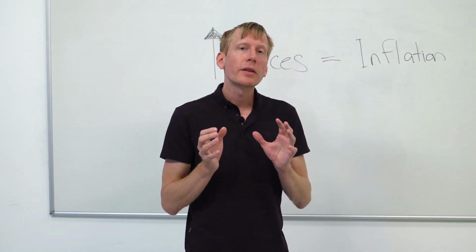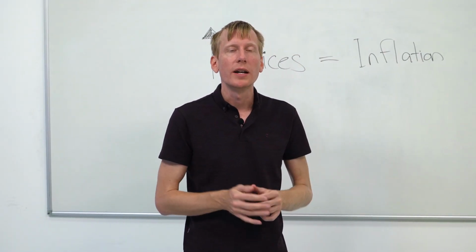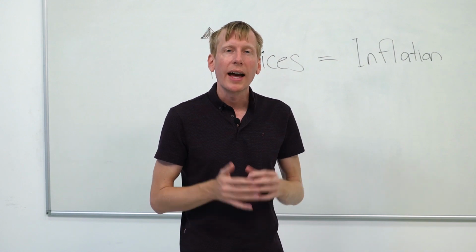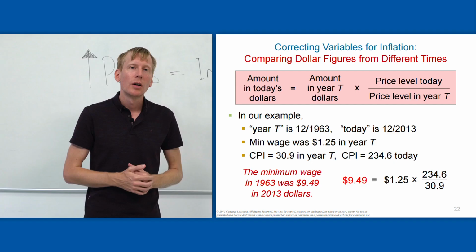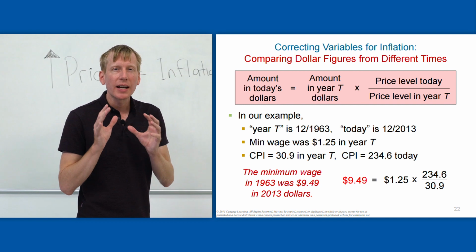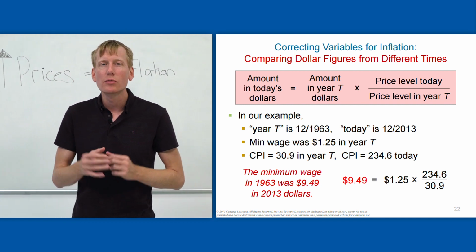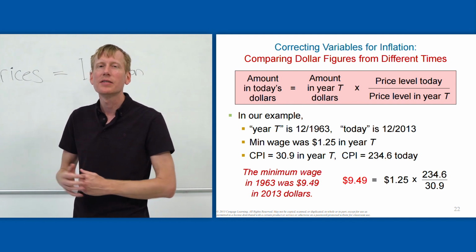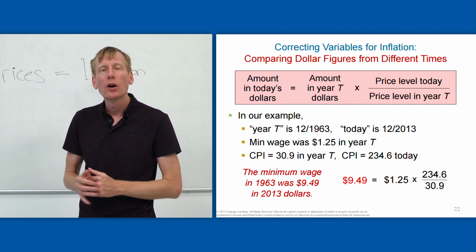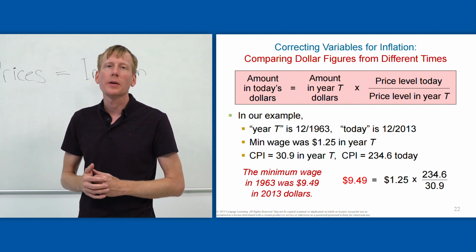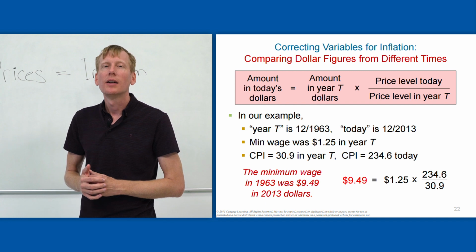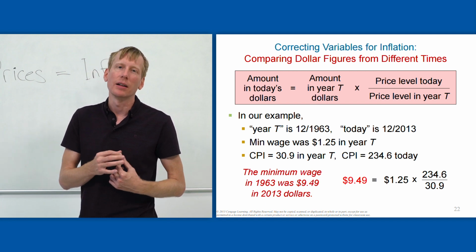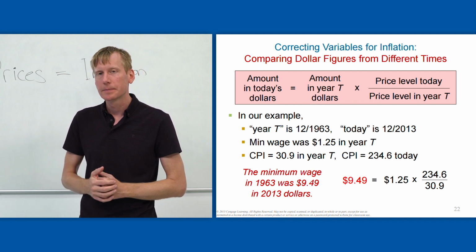Now, to find whether the 1963 minimum wage or the 2013 minimum wage had more buying power, what we would need is either to convert that 1963 minimum wage to 2013 dollars using the CPI, or to convert that 2013 minimum wage to 1963 dollars using the CPI.